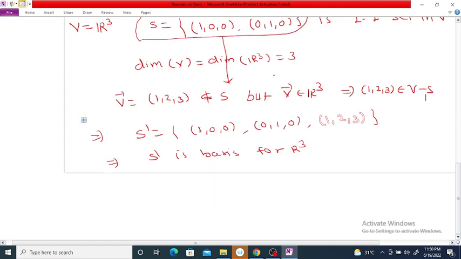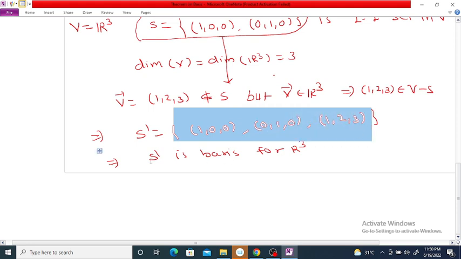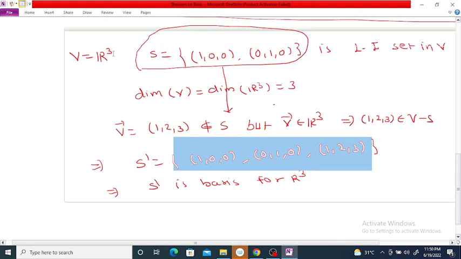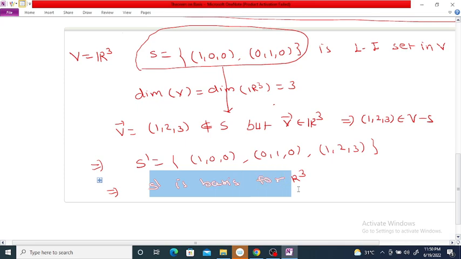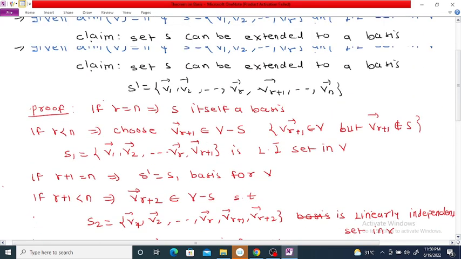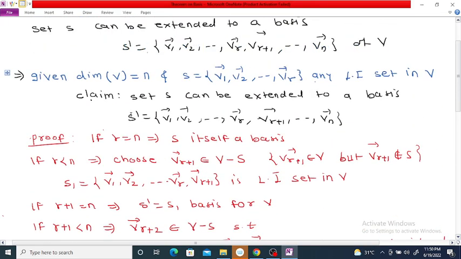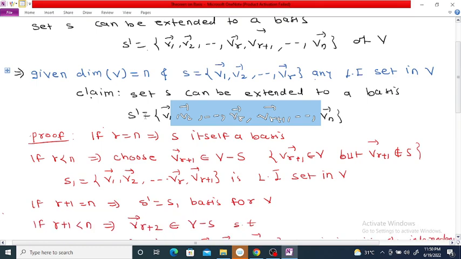Now the set S dash contains exactly 3 vectors, and the dimension of V is also 3, and therefore this new set S dash is a basis for R cube. We use the same logic to make a new set S dash which is an extension of set S, and which is a basis for V.